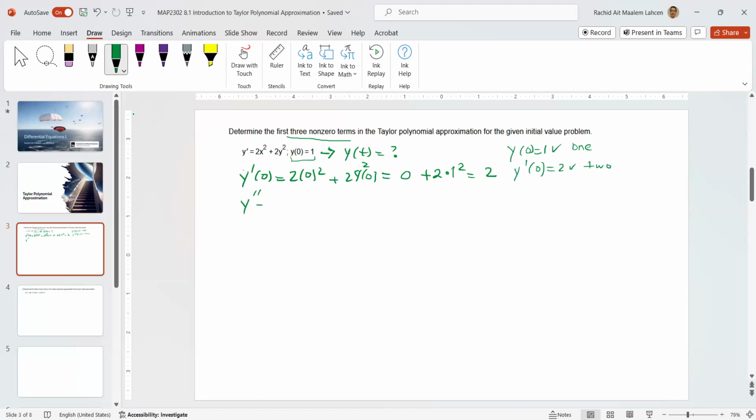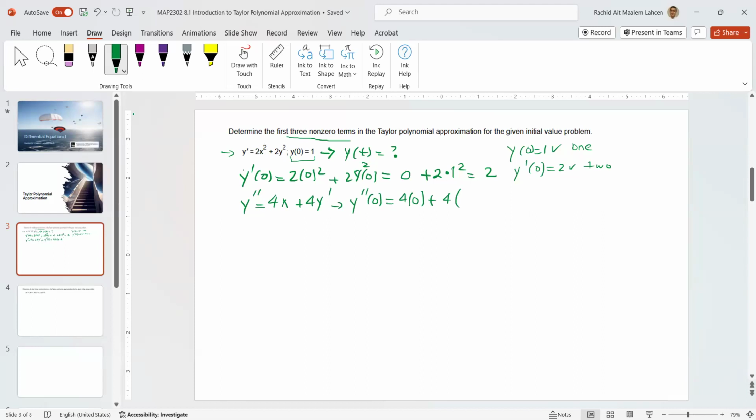Y double prime, we're going to find from here, and this is 4x plus 4y prime. All right, so what is y double prime of 0? It's 4 times 0 plus 4 times y prime of 0.